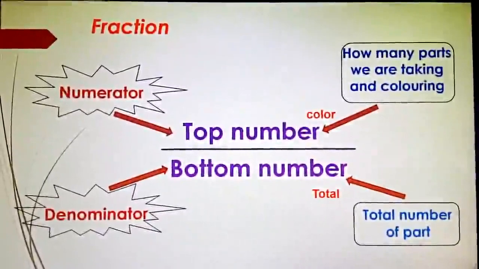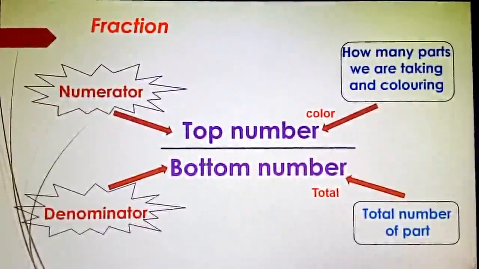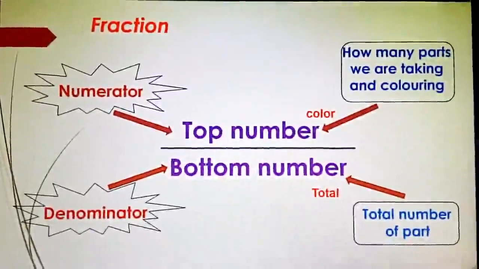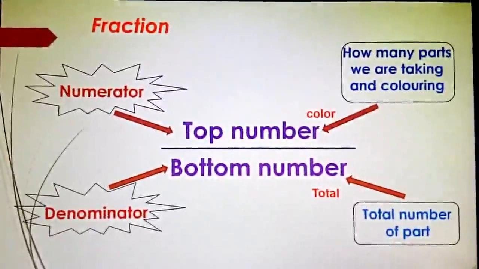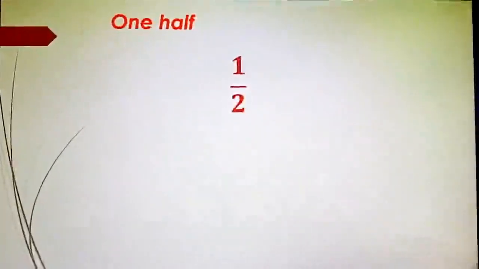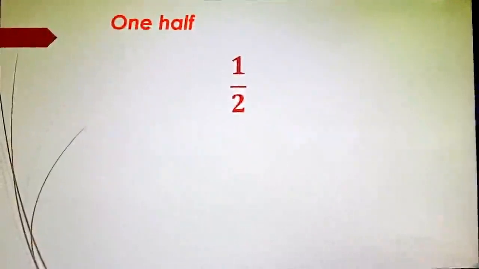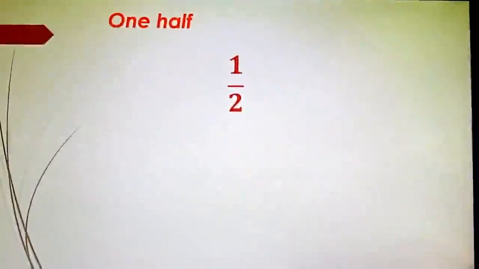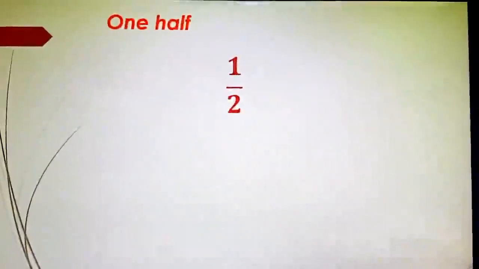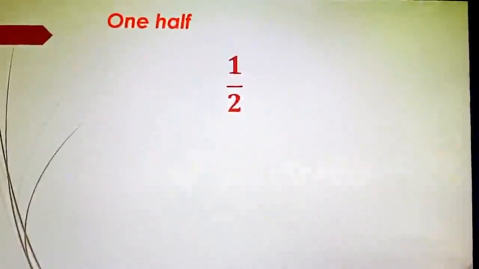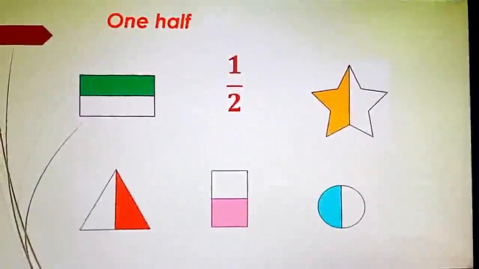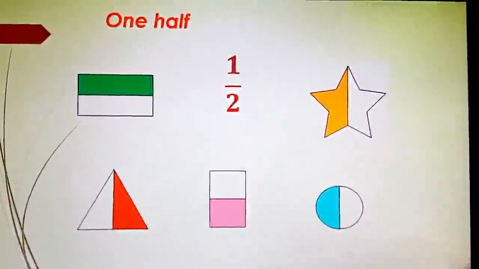Okay, color the top number and the total number is the bottom number. 1/2. The fraction 1/2, we can write it as 1/2, and we can read it as 1/2. Here we have different shapes, which means 1/2, like this. Okay?